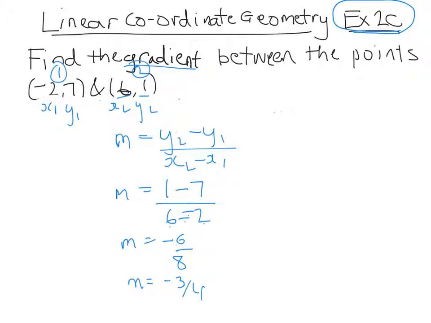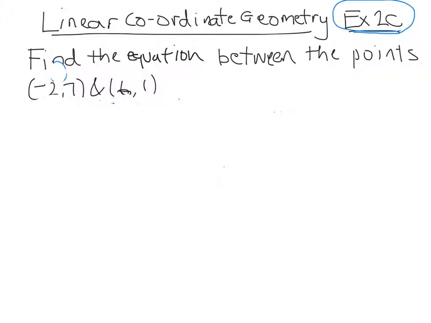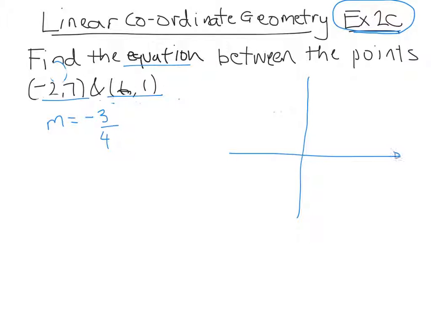Righty, almost done. What about now? We have to find the last bit, which is to find the equation of the line between these points. The first thing to do is find the gradient, which we found previously was minus 3/4. Let's roughly plot each of these points. There's the x-axis and there's the y-axis. So negative 2, 7 is somewhere up here, and 6, 1 would be somewhere down there.